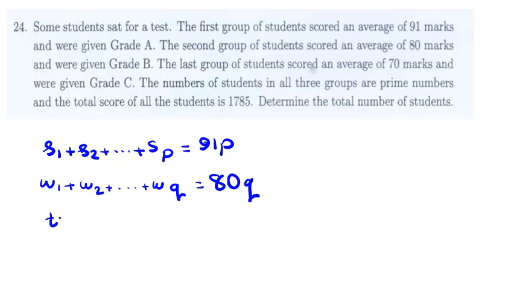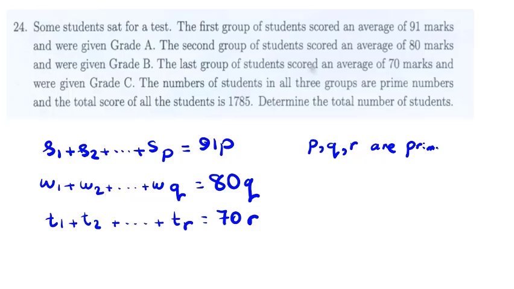So we consider T1 plus T2 plus up to TR, the sum of their scores, the average is 70, so the sum of them will be 70 times R. The number of students in all groups are prime numbers, so P, Q, R are prime numbers, and the total score of all the students is 1785.